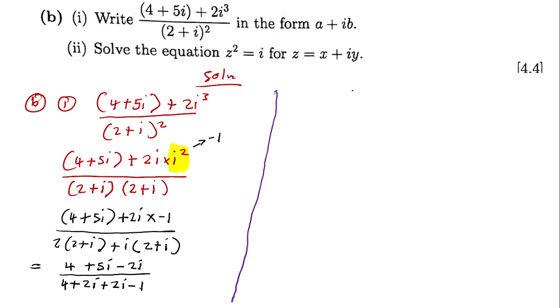Then over, 4 minus 1 is simply 3, and 2i plus 2i is simply 4i. Okay, I can hear there is a hand. Yes, what's your question?